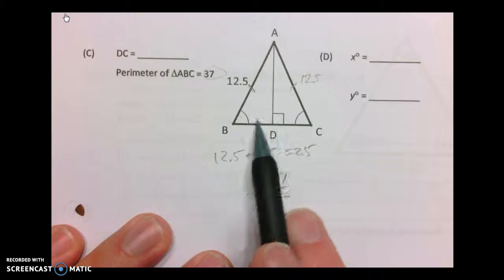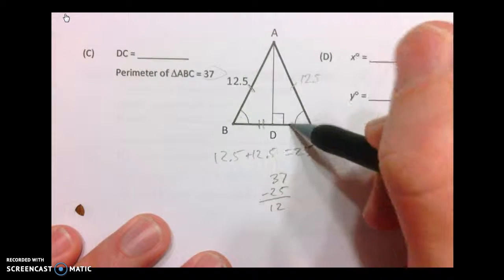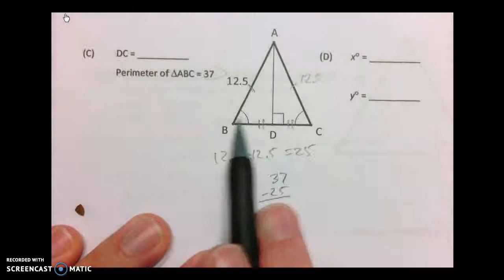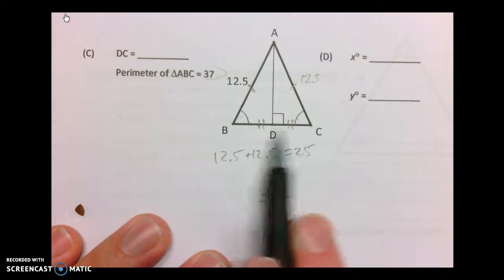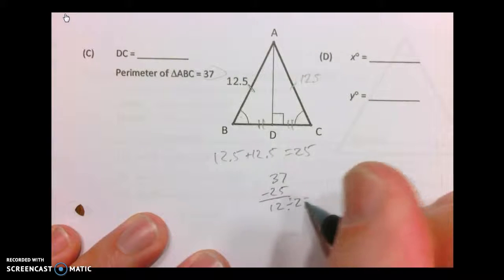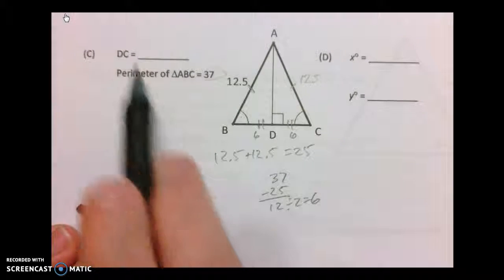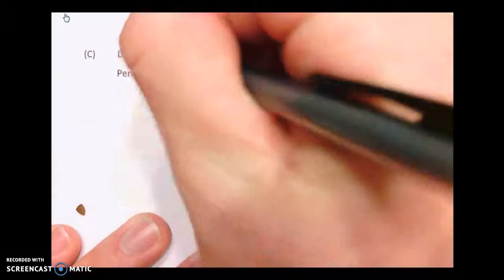When you drop that down, it splits the base exactly in half. So these end up being equal pieces. So now if I know the total distance is 12, I can just divide it by 2. So we'll do 12 divided by 2 equals 6. Each one of these segments is 6, so DC then is 6.